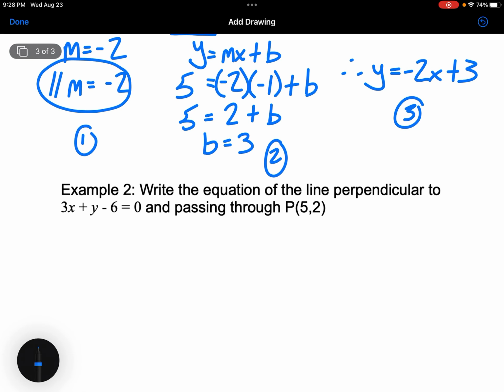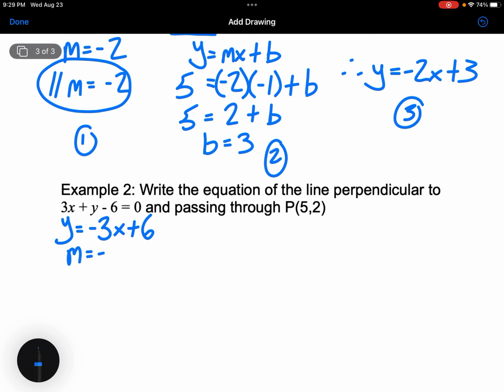Okay, now we're going to do the same thing down here, but we have a line that's now perpendicular to this. Well, this isn't giving us the slope because it's not in y equals mx plus b, so we can't just assume our slope is written there. So we need to rearrange this into y equals mx plus b, which we've got -3x, I brought the 3 to the other side, plus b, which should be plus 6, excuse me, and then I've moved my 6 over.